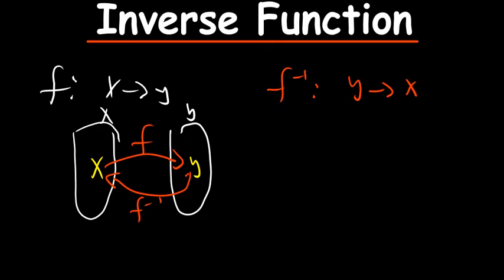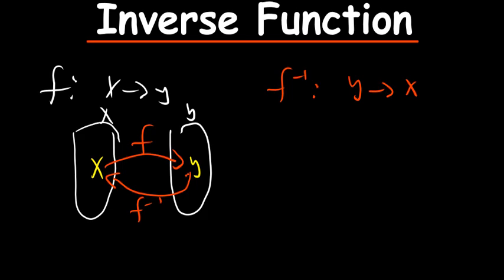One thing I want you guys to understand here is this. I believe you have come across a question where they ask you to find the inverse, and you are not able to find the inverse. A function can only have an inverse if that function is one-to-one.